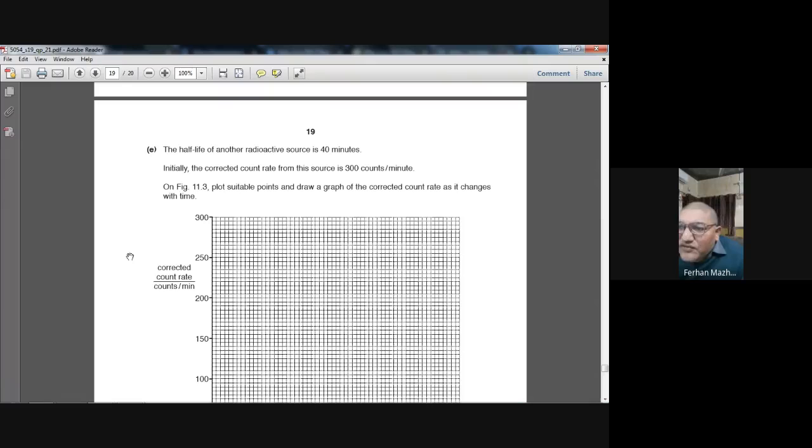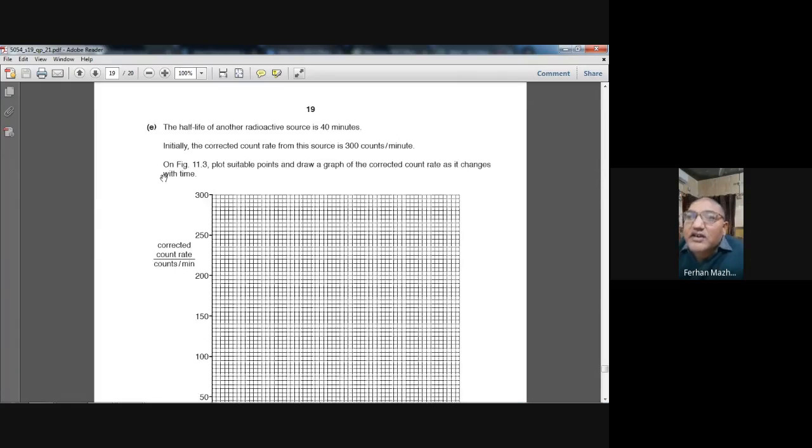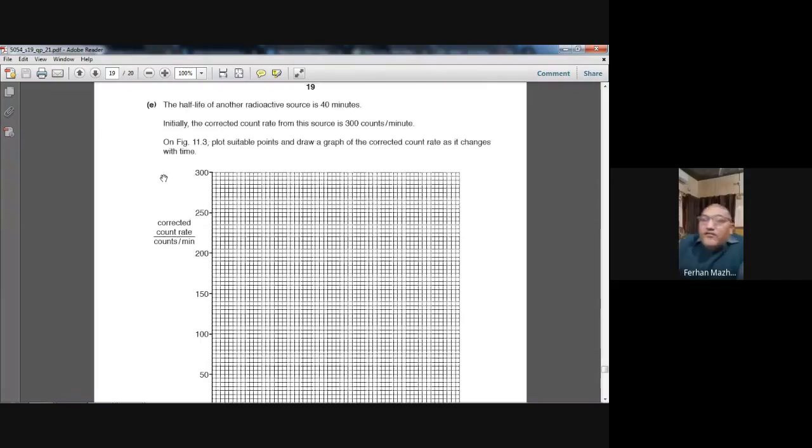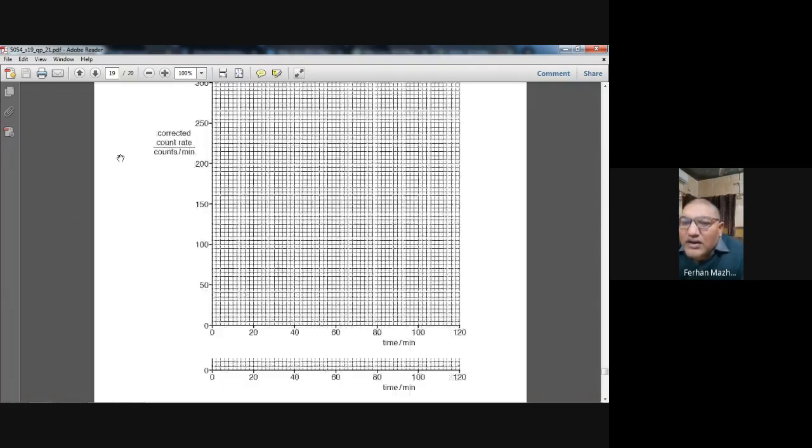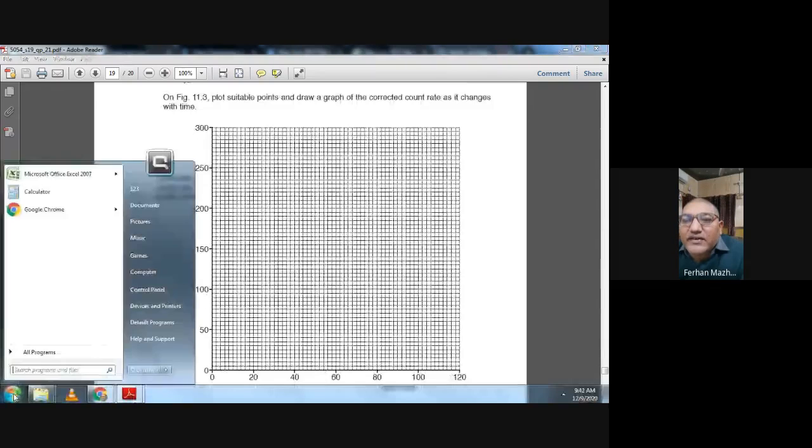The half-life of another radioactive source is 40 minutes. Initially, the corrected count rate from this source is 300 counts per minute. On figure 11.3, plot suitable points and draw a graph of the corrected count rate as it changes with time. Okay, so let me open the snipping tool and we will copy this from here.